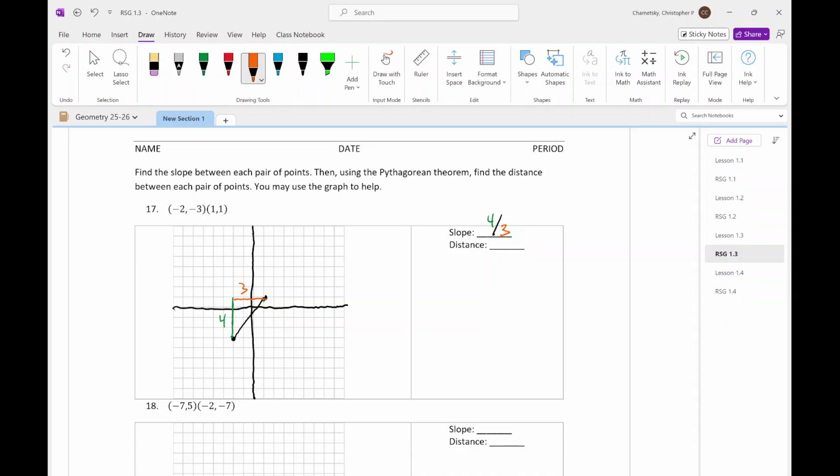For the distance, our slope kind of helps us. We can do Pythagorean theorem because we have a little right triangle here. There's our right triangle. We just need to find the hypotenuse of that right triangle. So using Pythagorean theorem, a squared plus b squared equals c squared. We'll substitute in the a and the b.